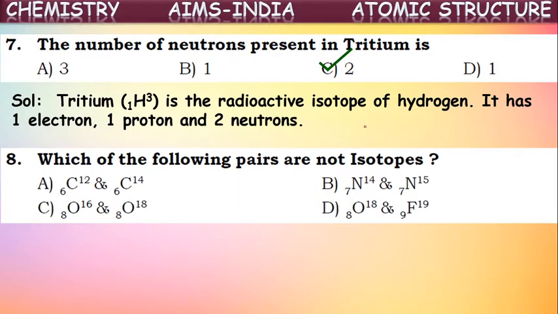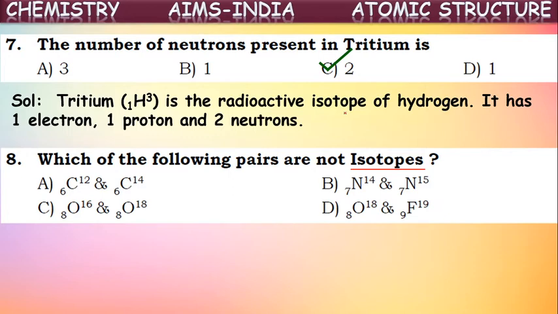Which of the following pairs are not isotopes? What is the meaning of isotopes? We have learnt isotopes are the atoms which have the same atomic number but different mass numbers. Tritium is a radioactive isotope of hydrogen because hydrogen has 3 isotopes: protium, deuterium and tritium.